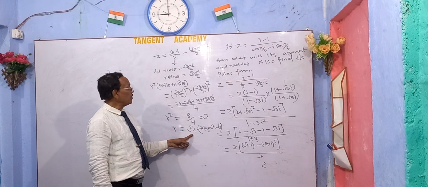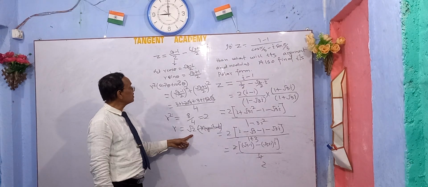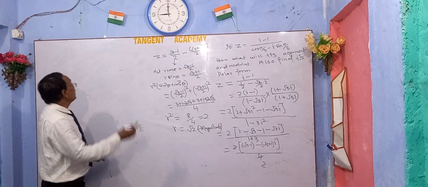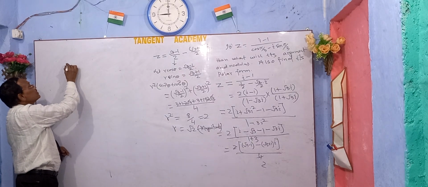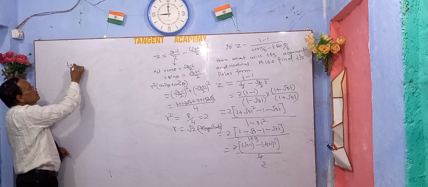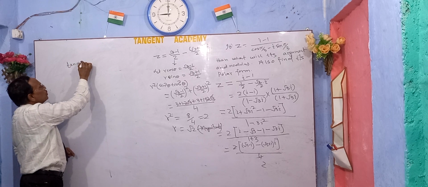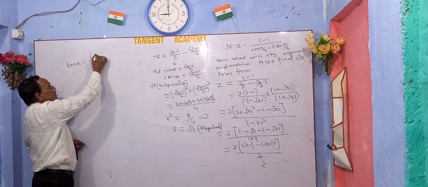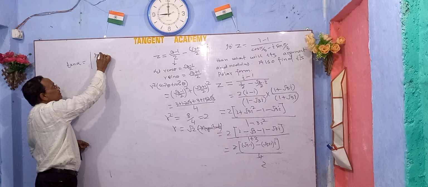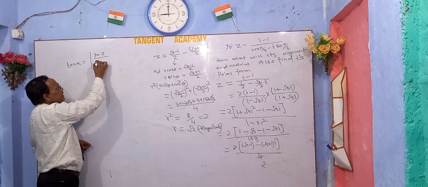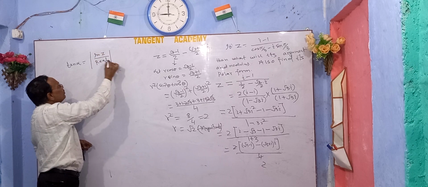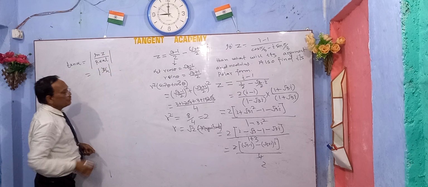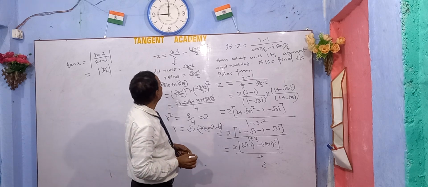Now we are eager to find its amplitude, which is also called argument. We know that tan alpha is equal to the absolute value of imaginary z divided by real z. That means y by x. What is the y coordinate?